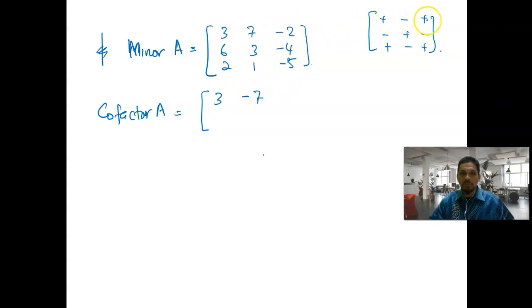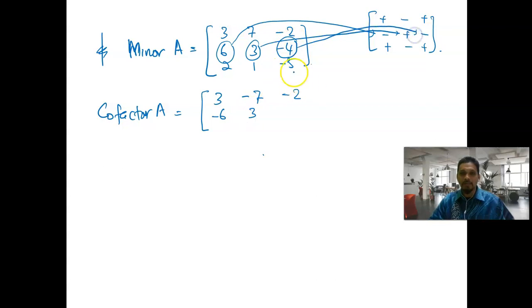Negative 2 times positive here equal to negative 2. 6 multiplied with negative, we got negative 6. 3 multiplied with positive here equal to 3. And negative 4 times negative equal to positive 4.